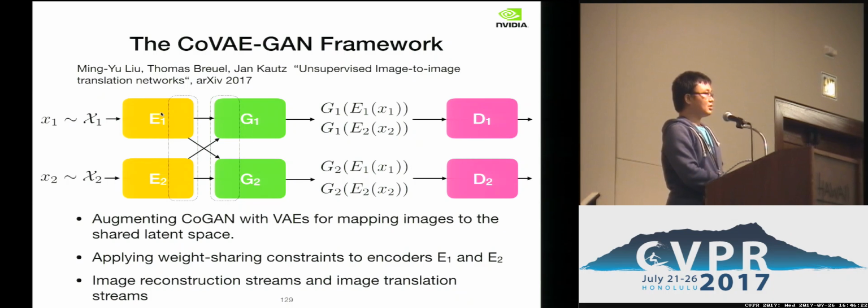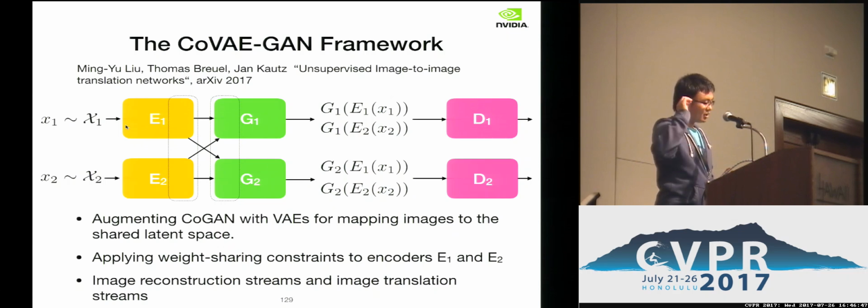You add an encoder in front of the generator, and this encoder takes an image from the first domain as input. So you have an encoder for the first domain, a generator for the first domain, and a discriminator for the first domain, for daytime images. And similarly, you have an encoder for nighttime, a generator for nighttime, and a discriminator for nighttime.